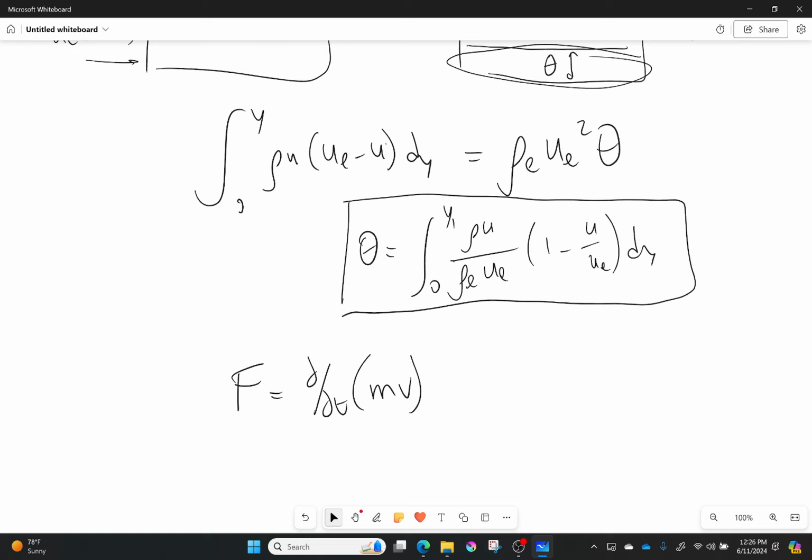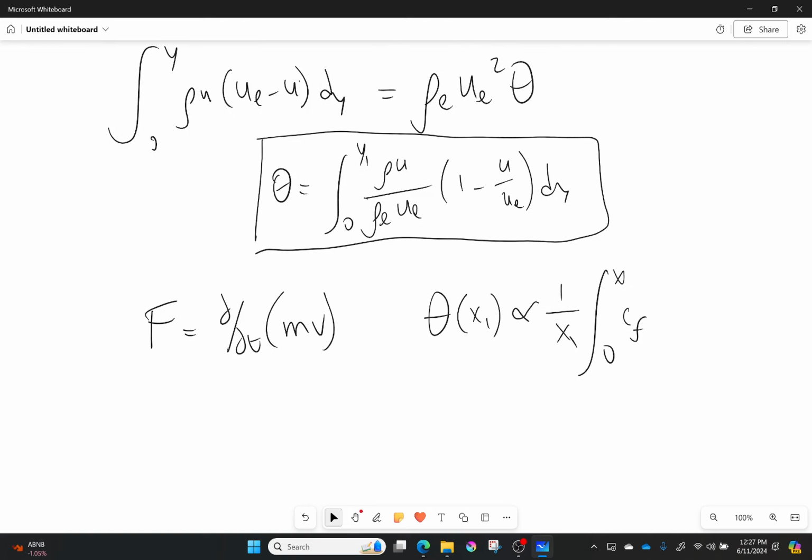So while it's not perfectly connected, my momentum thickness is proportional to my overall skin friction coefficient.